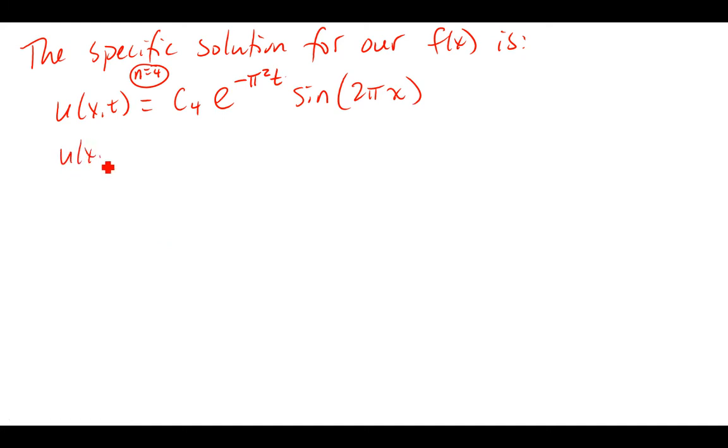And then since we just computed this, C4 is 3. So this is actually all I get after all of this craziness. That's the specific solution for our specific rod, or bar, whatever we're calling it.